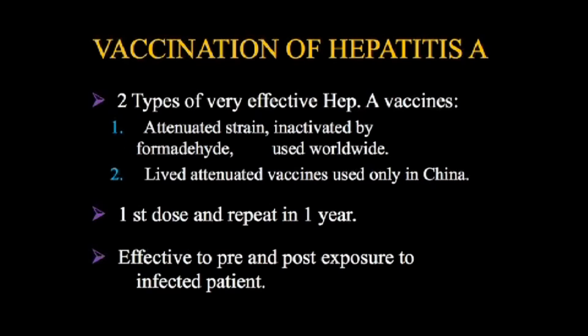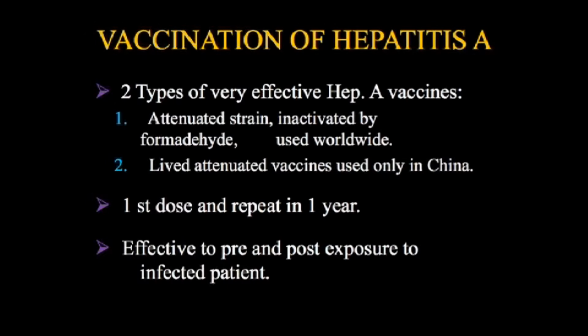The second group of vaccine is a live virus, but it's very attenuated, a weakened virus, and only used in China. It's very effective because it can be given to children, to adults, and to people who travel to other countries, and it can protect the body up to 10 to 20 years later. Also, if you give the vaccine after exposure to the virus, hopefully the vaccine can protect that person if it was given within 2 weeks after exposure.